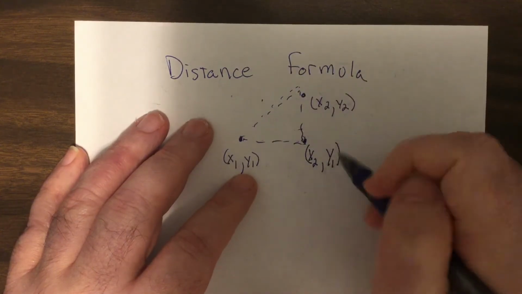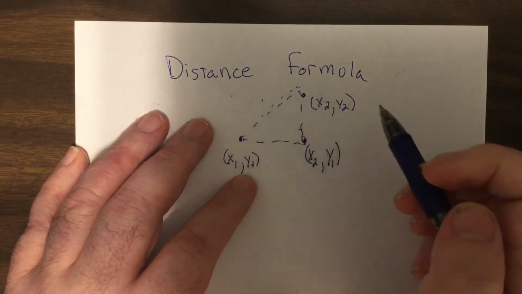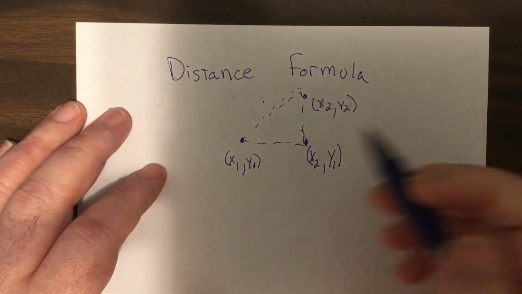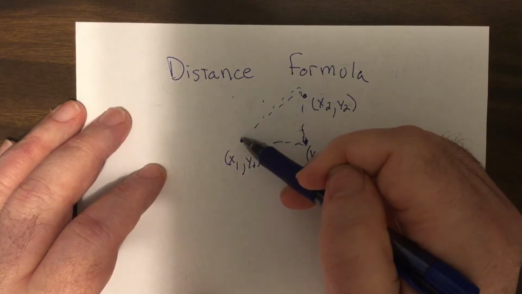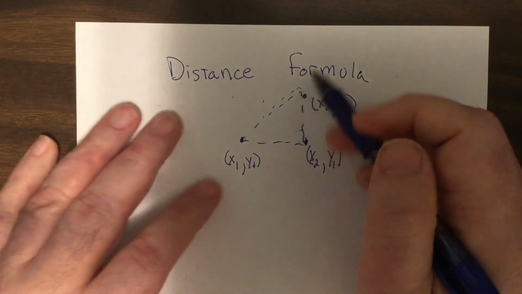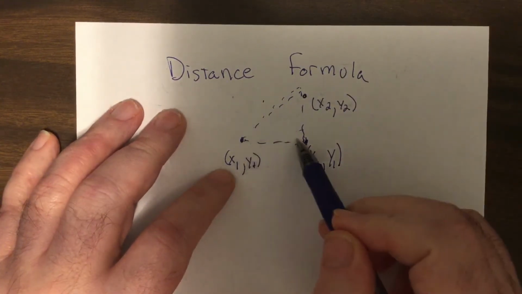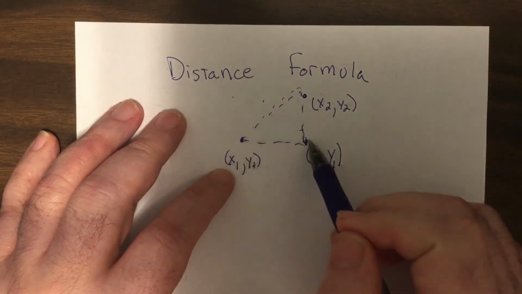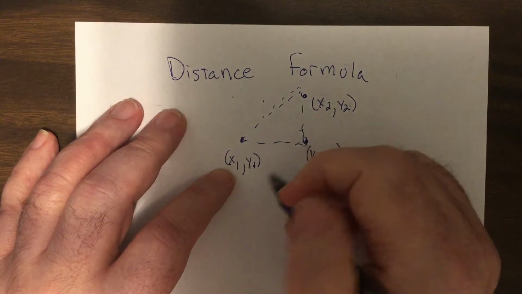It has to be the same distance up as this one. So I'm trying to find the distance from here to here, but notice this is the same distance up, so the only measurement we need to worry about is left and right.